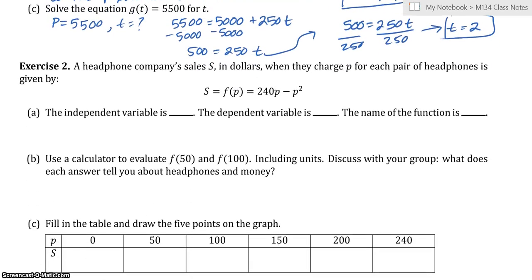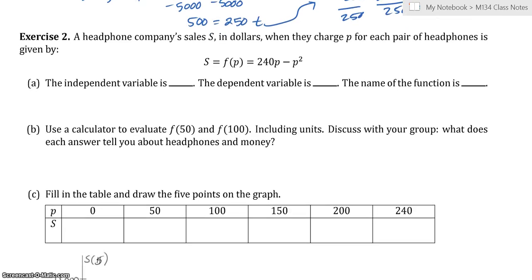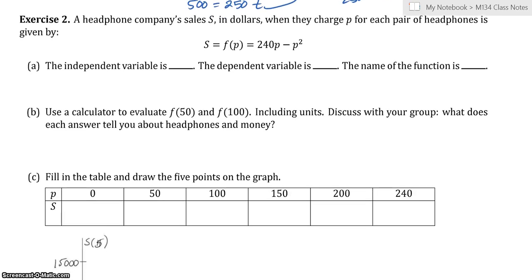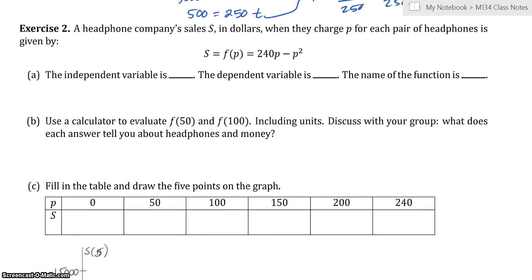So now go ahead and do the same thing for exercise 2. The only thing different about exercise 2 is they're giving you the formula first instead of the words. So a headphone company sells S, so S represents the sales in dollars, where they charge P, which represents what they charge for each pair of headphones.